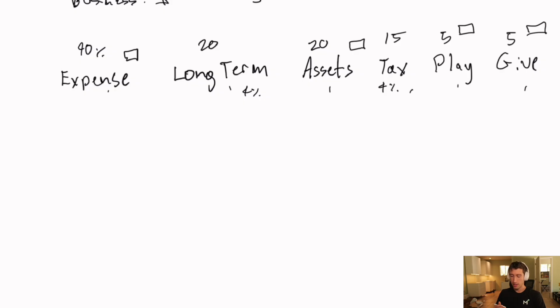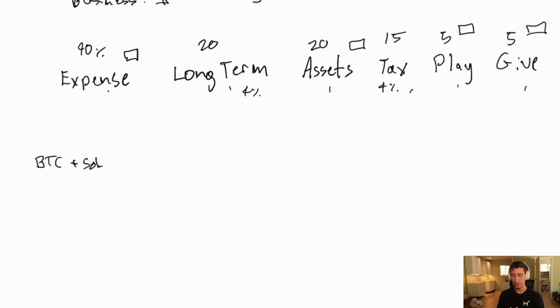So let's talk about the allocation once you get into this point. The allocation and how we do it is, for example, on the expense side of things, we also have an account that holds Bitcoin and Solana mostly, because I like that. Let's say this account starts to get big.